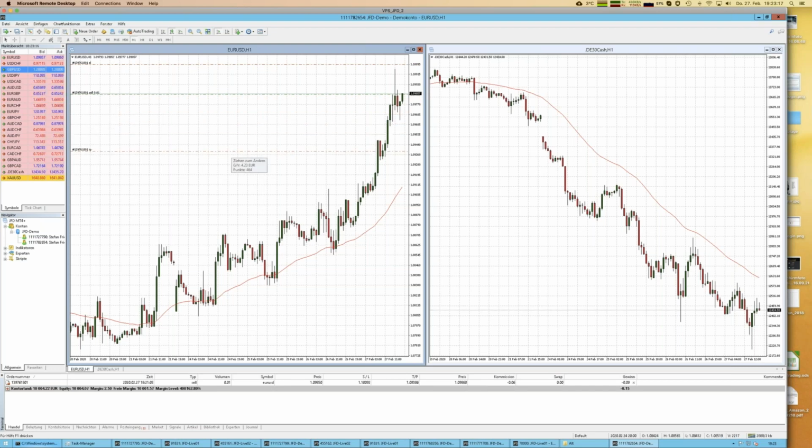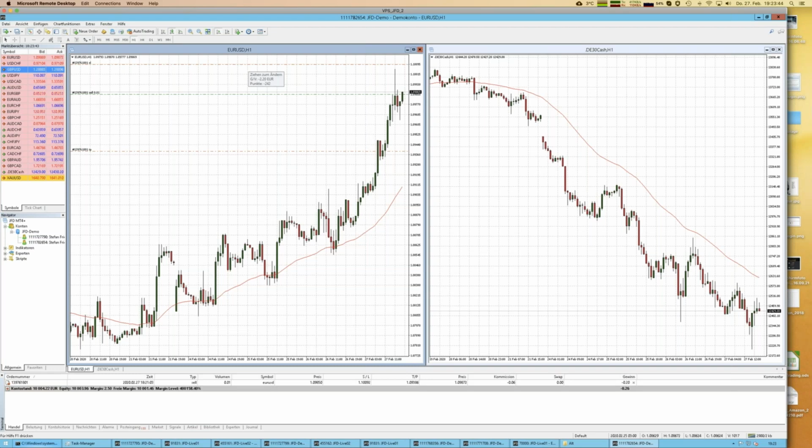And you can see with the mouse over functionality the euro amounts of those two levels. The take profit is at €4.23, and the stop loss is at, there we are, €2.20. So you see, we have now the two levels.